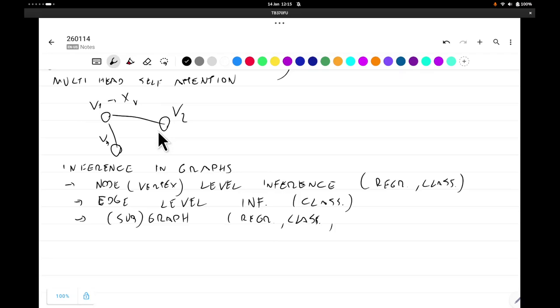And then you would have another graph, and you have to say if it is similar enough to the other graph that you've used in training in order to make a prediction if it is a good drug or not, or if it has any other property, some continuous property of interest.